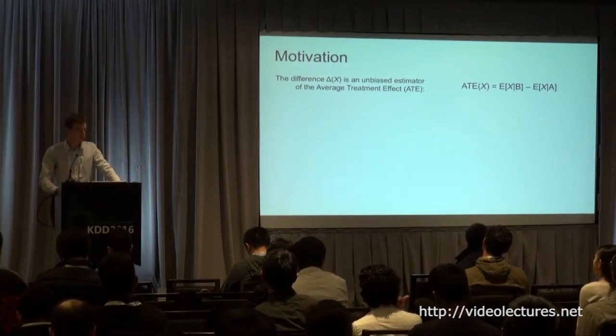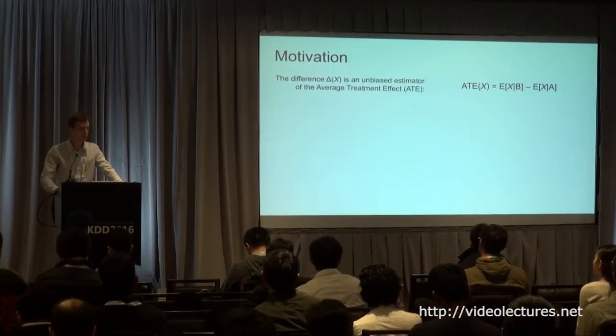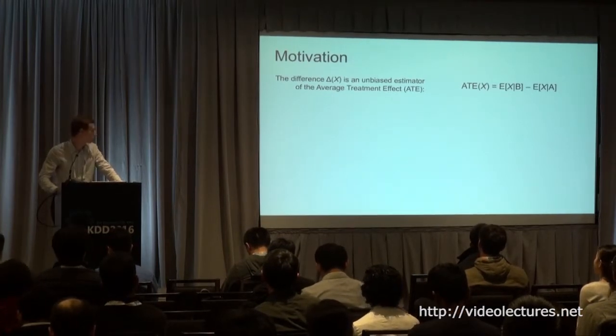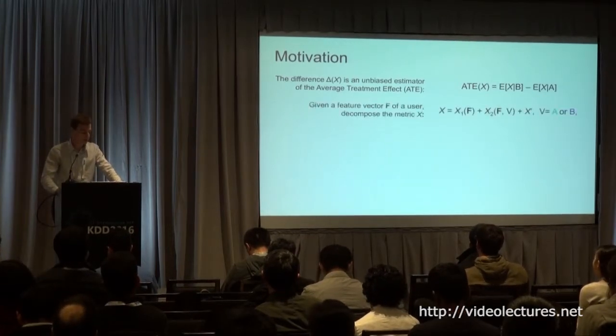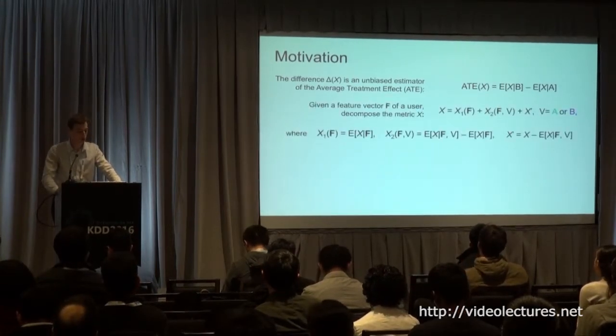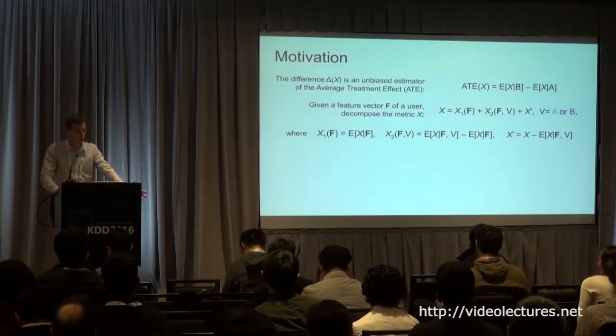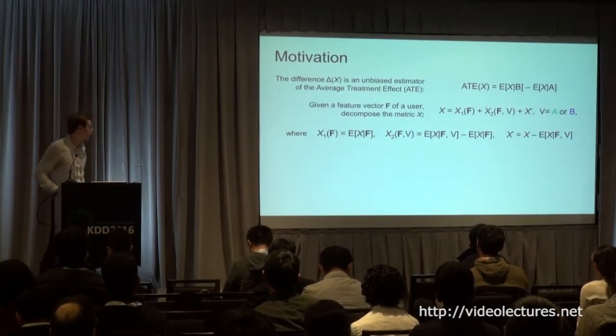Actually, the difference delta x is an unbiased estimator of the average treatment effect, which is defined by this equation. Let us assume that we have a feature vector f of a user, and then we decompose the metric into the following three components.